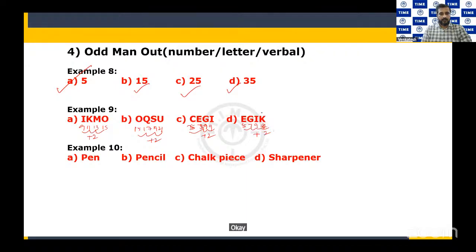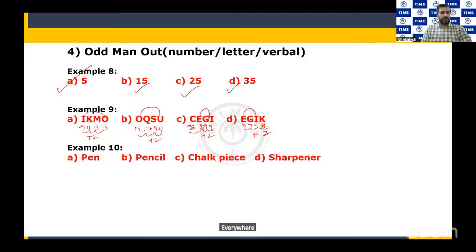Okay. But if you observe this, IKMO 9, 11, 13, 15 plus 2; 15, 17, 19, 21 plus 2; 3, 5, 7, 9 plus 2; 5, 7, 9, 11, all are plus 2. And everywhere we have two vowels, like EI, OU, IO.